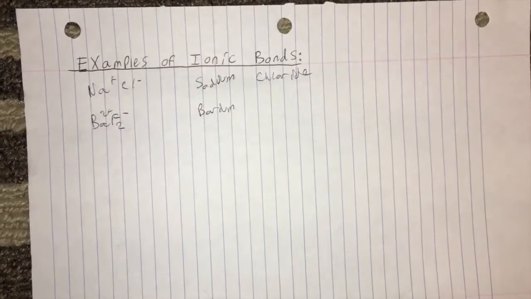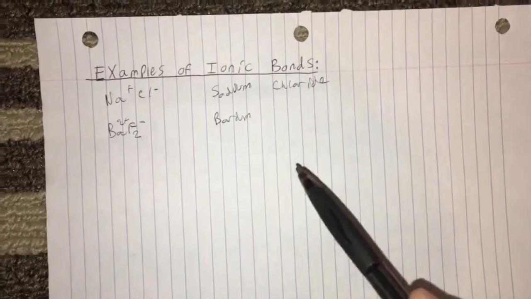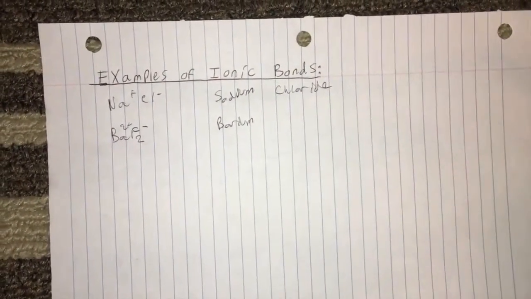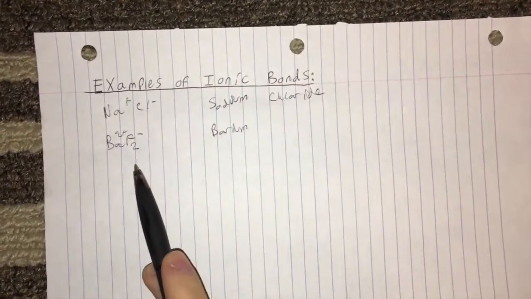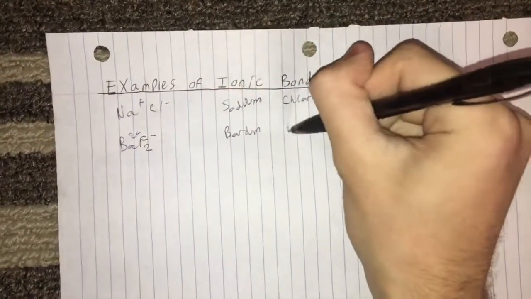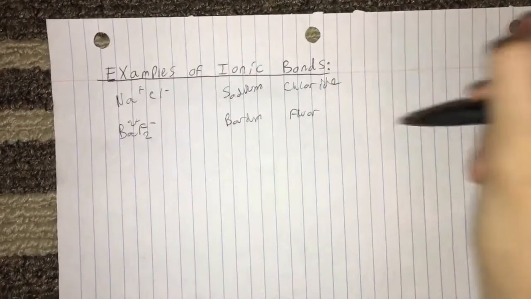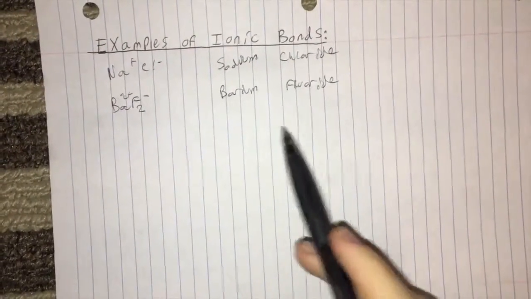Now, it is important to note that this is just for the chemical formula, and because we're looking at ionic bonds, the number of atoms is not going to change how the name ends up. So, barium is the first element, and the second element is fluorine. So we're going to use the root word fluor, and we're going to end it in "ide." We end up with barium fluoride.